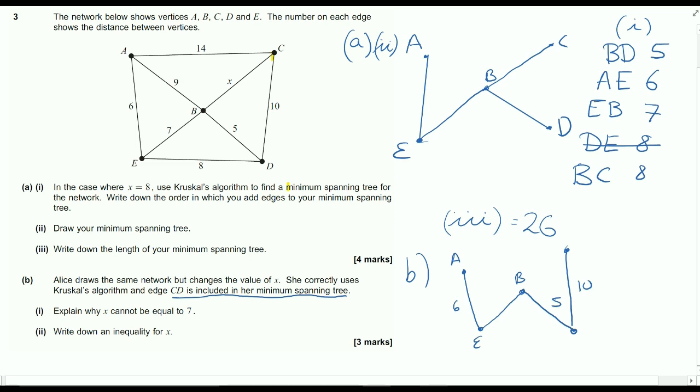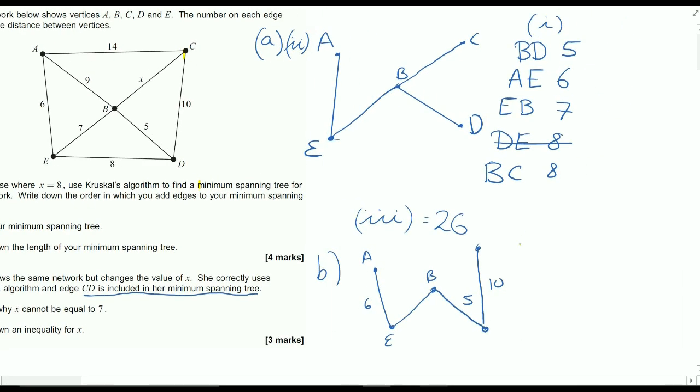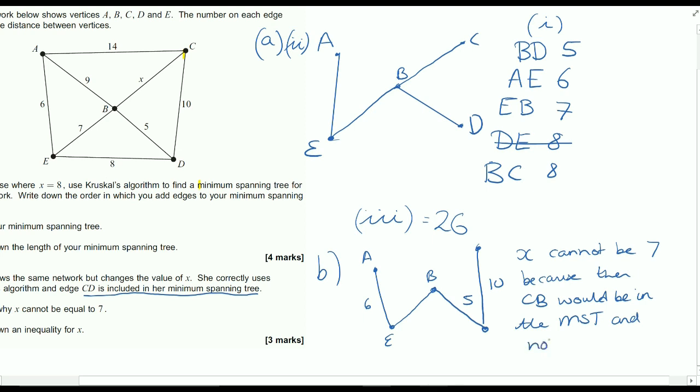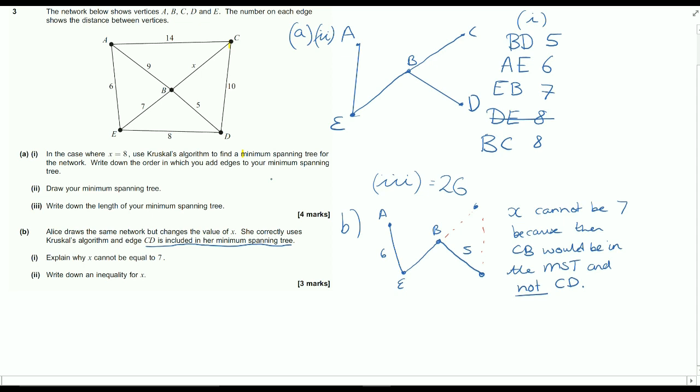Well, let's write this out: x cannot be 7 because then CB would be in the minimum spanning tree and not CD.